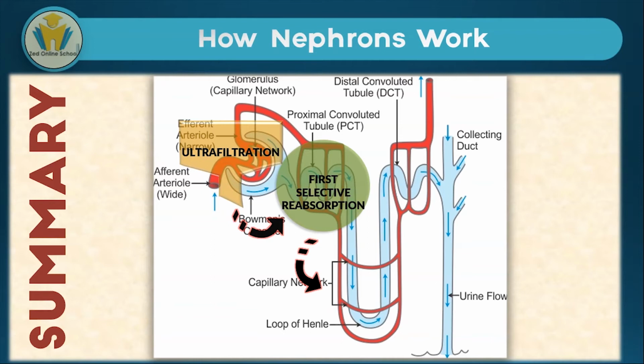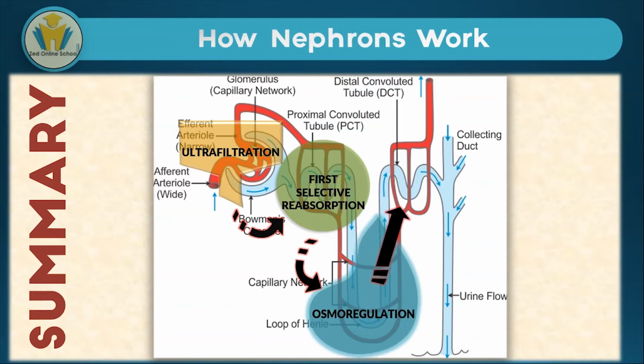Then after this process, we've got osmoregulation, where the water levels are balanced. If there's little water in the blood, then water will be reabsorbed. If there's a lot of water in the blood, then no water will be reabsorbed.